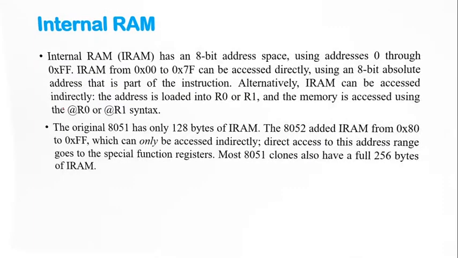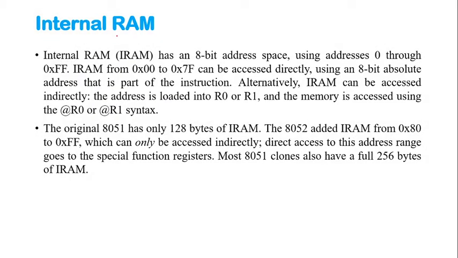Next is the internal RAM. So what is internal RAM, or IRAM? Internal RAM or IRAM has an 8-bit address space using addresses 0x00 through 0xFF. The locations in IRAM from 0x00 to 0x7F can be accessed directly, using an 8-bit absolute address that is part of the instruction.